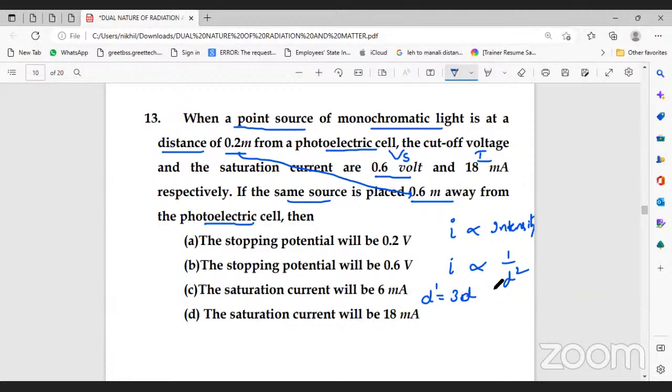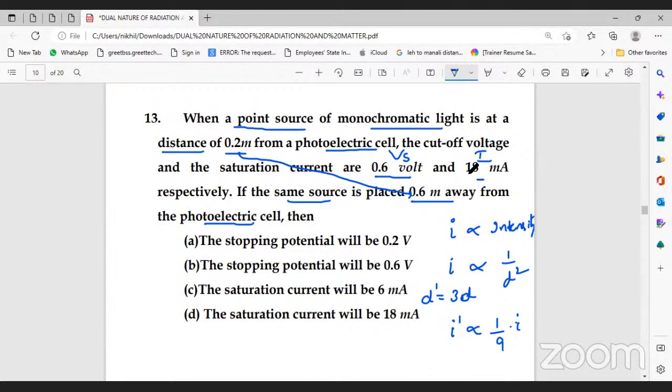So distance is increased by how many times? Three times, no? If distance is increased by 3 times, the photoelectric current becomes 1 by 9 times of the initial current.